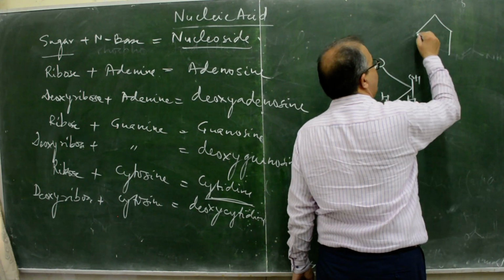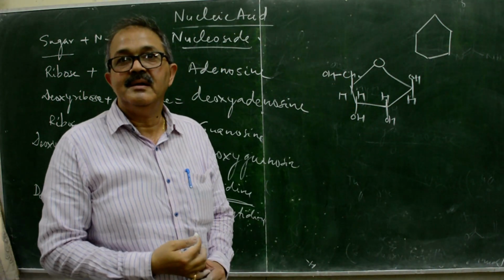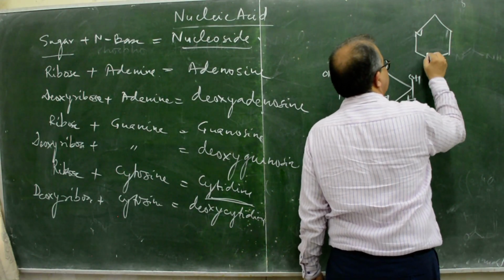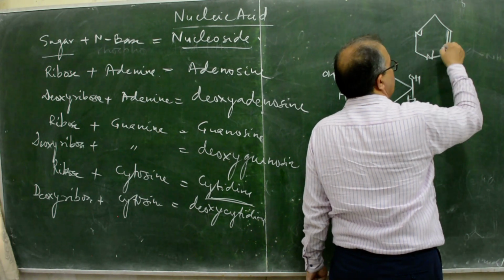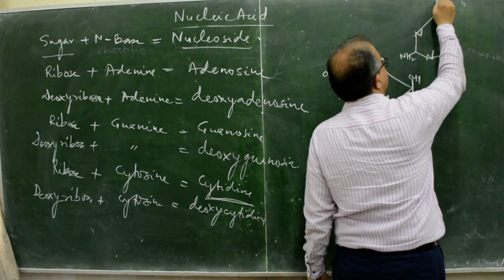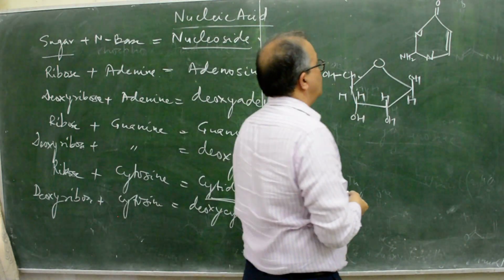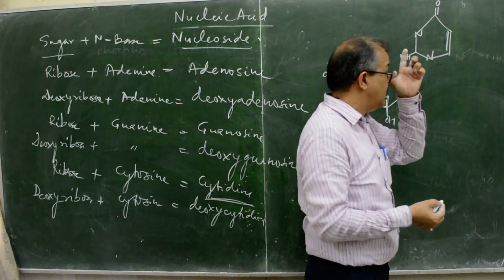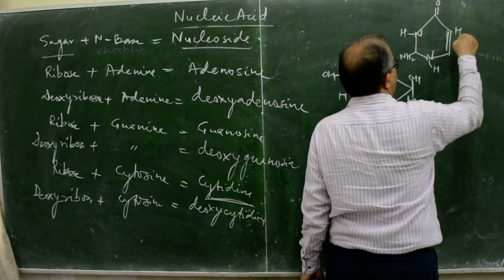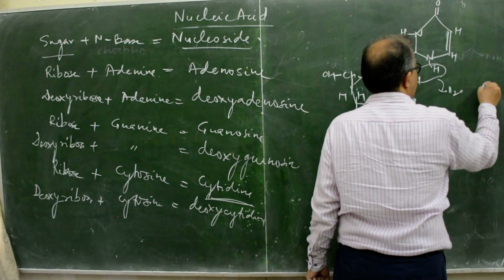Cytosine is a pyrimidine, and pyrimidine has a single ring. Cytosine has an amino group NH2 and 4-oxy. The formula is 2 amino 4-oxy. This is hydrogen and hydrogen. This will form H2O, the glycosidic bond.